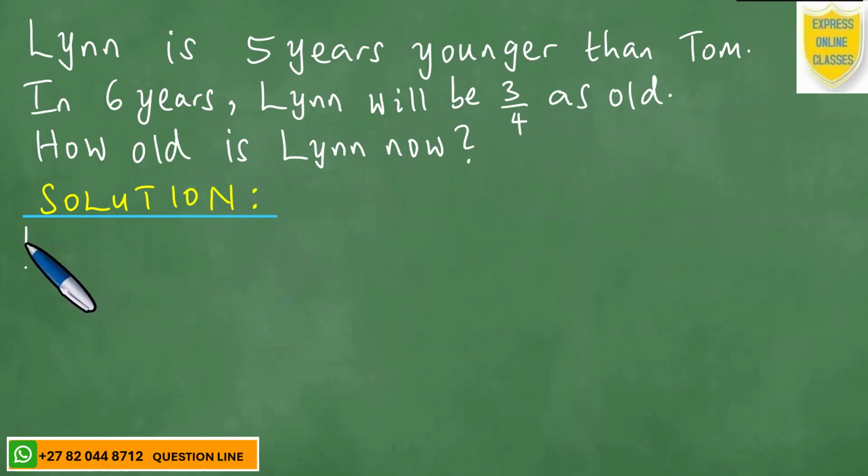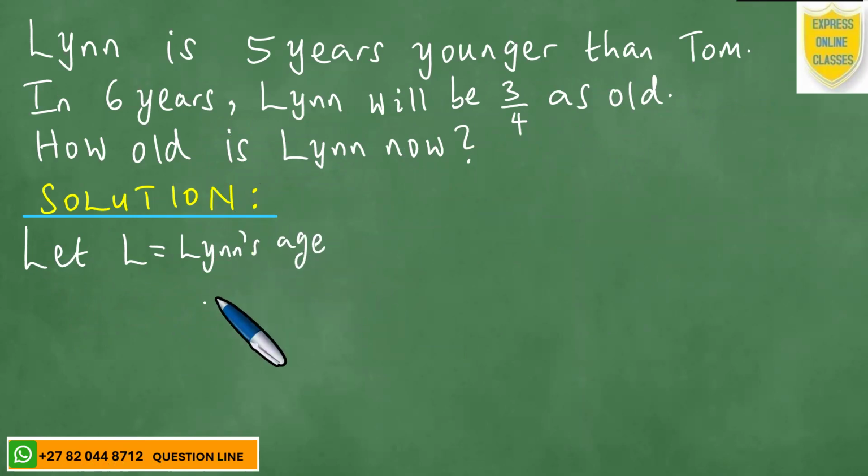Now we let L be equal to Lynn's age, and T be equal to Tom's age.